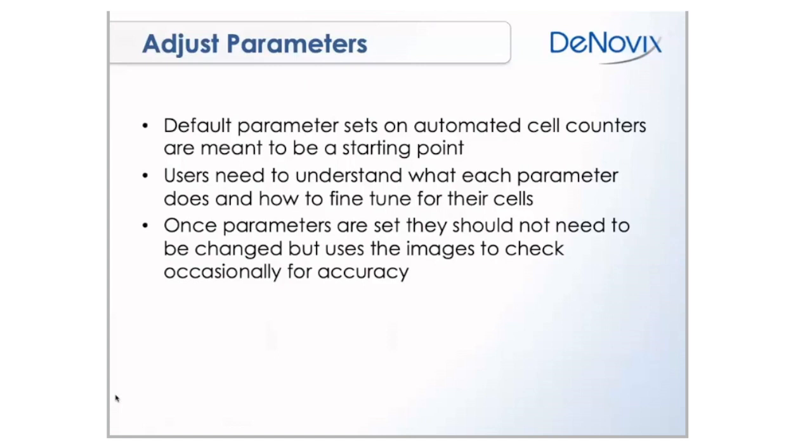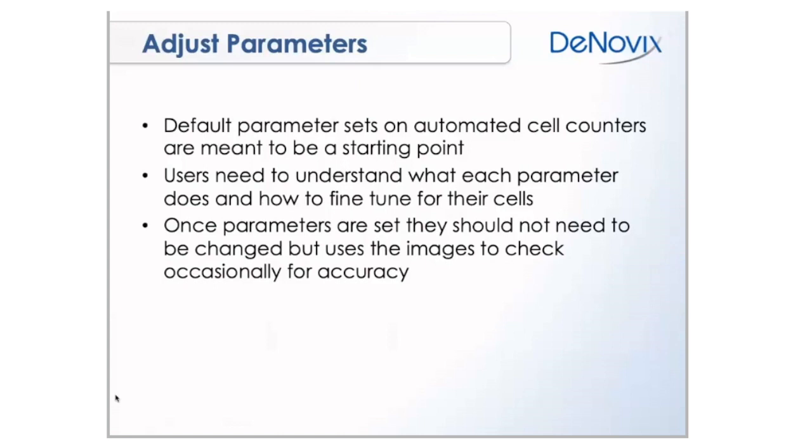I will say if you're doing tissue culture cells, something like a CHO cell or a BHK cell, the default parameter sets are usually going to work pretty well. But for different cell types, fibroblasts, things that might be irregular, primary cells, you're certainly going to have to adjust those parameter sets.